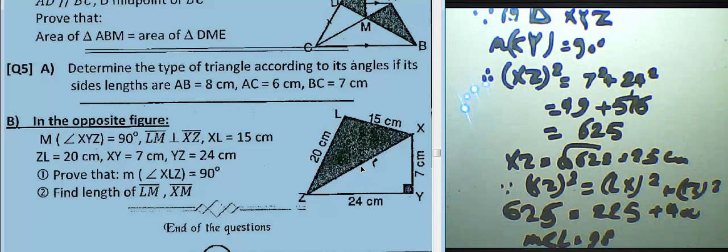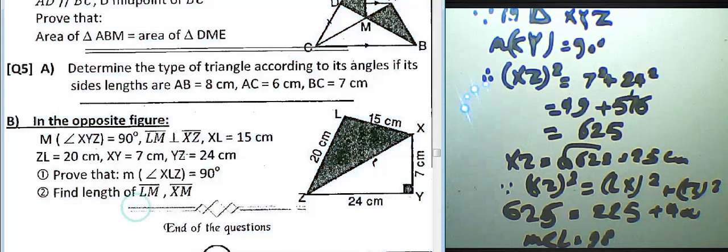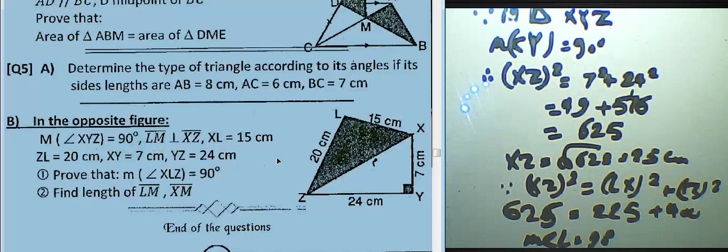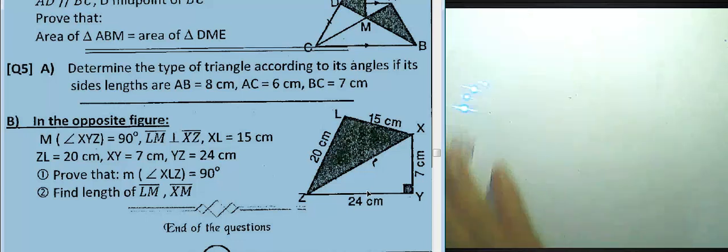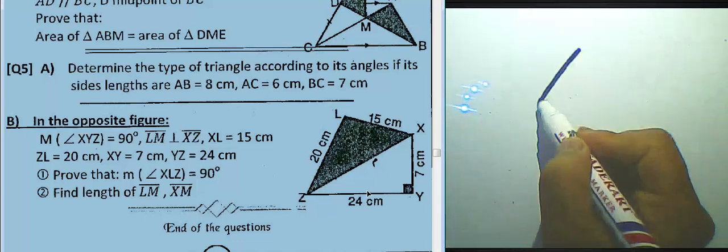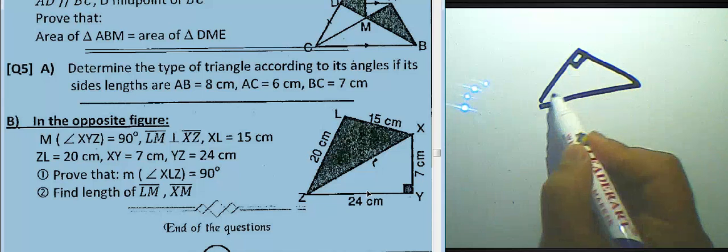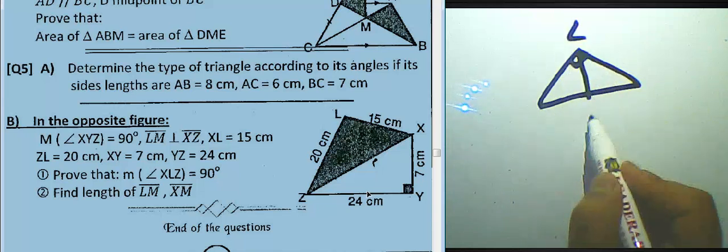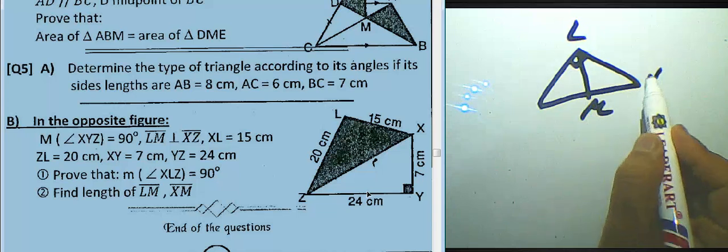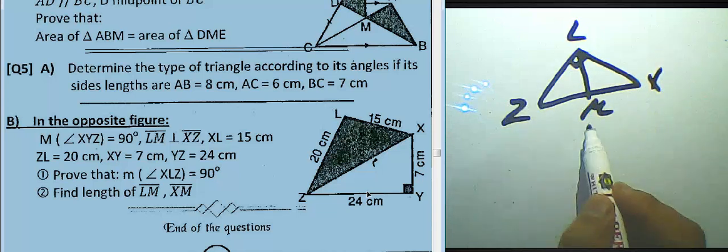M is the midpoint. Here it gives us the perpendicular, and 15 and 20, and you want to find LM. Now we can find the length of LM here. In this triangle, the perpendicular is LM, from L to M on XZ.